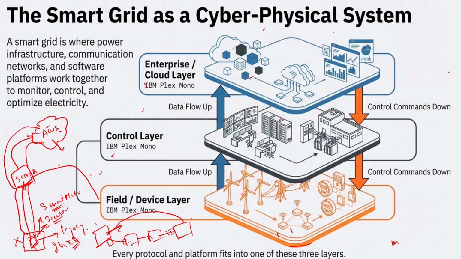These are called RTUs, the remote terminal units. These terminal units will fetch all the information about the specific panels or any control unit, and that will be sent back to the SCADA system.